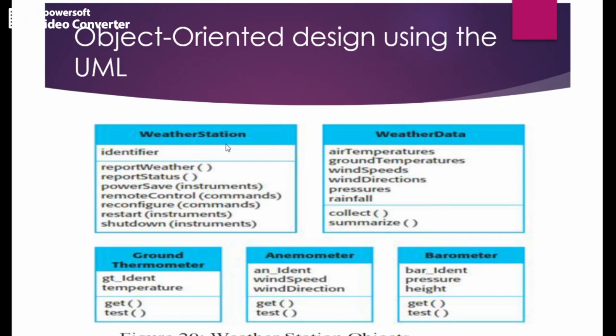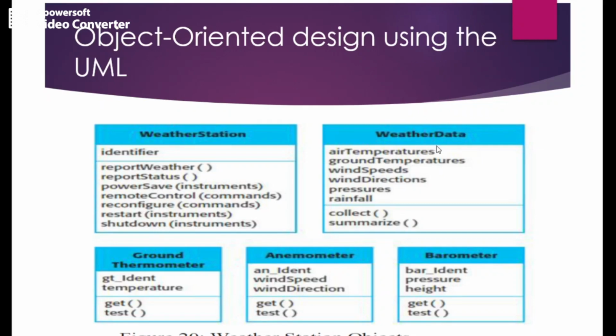For the weather station, identifier is one attribute. Identifier is something unique. So each weather station will have an identifier. Weather station methods, you can see: report the weather, report status, power save, remote control, reconfigure, restart, shutdown.